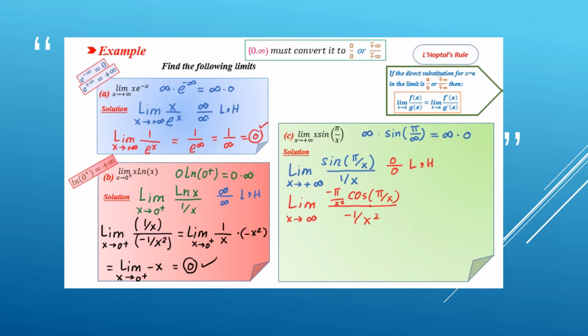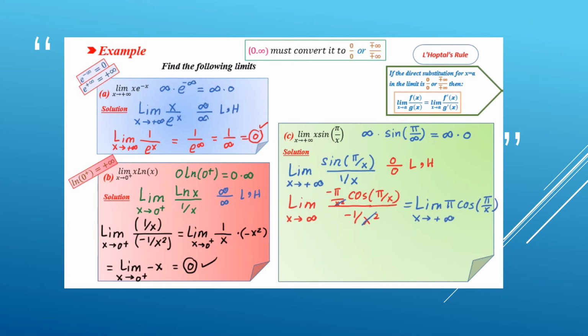Now we can directly cancel x squared with x squared, and negative divided by negative will be positive. So we have the limit of pi cosine pi x when x goes to positive infinity.